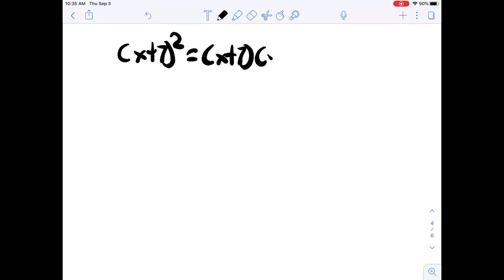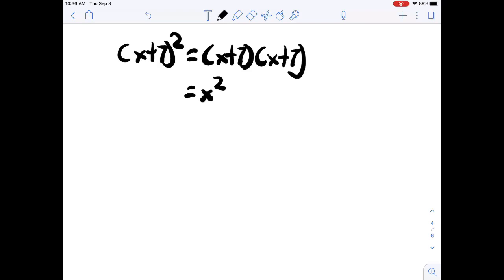So now let's apply these rules to multiplying binomials with variables and numbers. So let's say we have (x + 7) to the power of 2. This is what it looks like in repeated multiplication. We square the first term, x in this case, to get x squared.